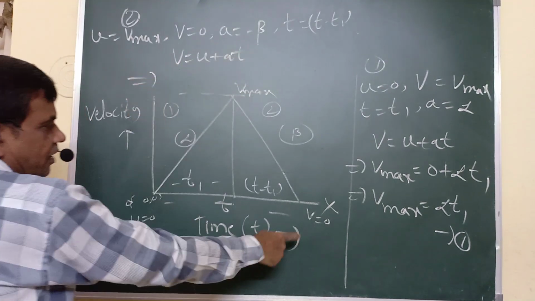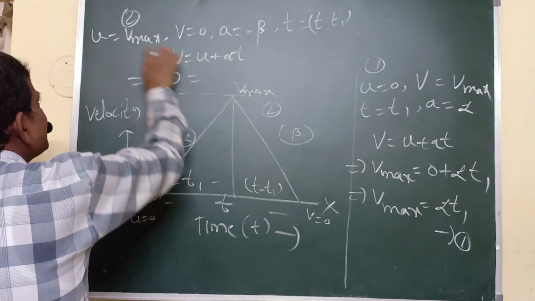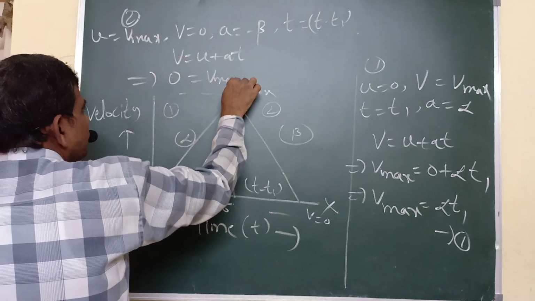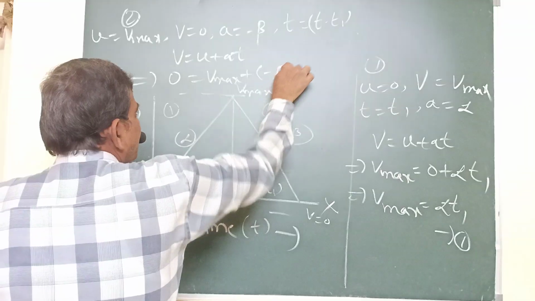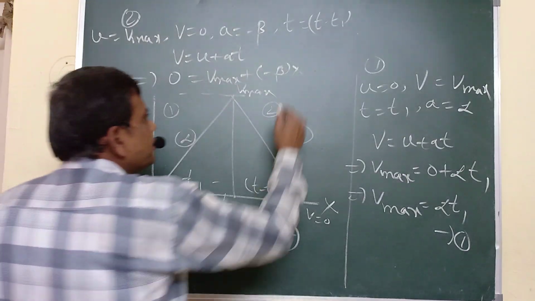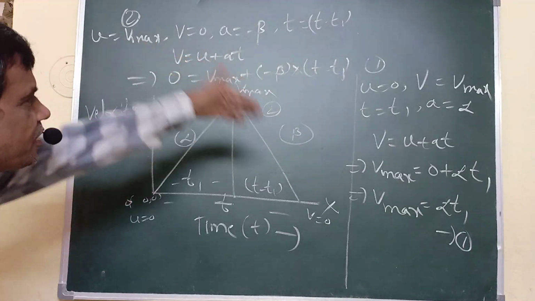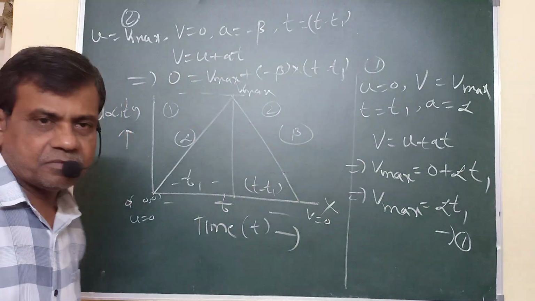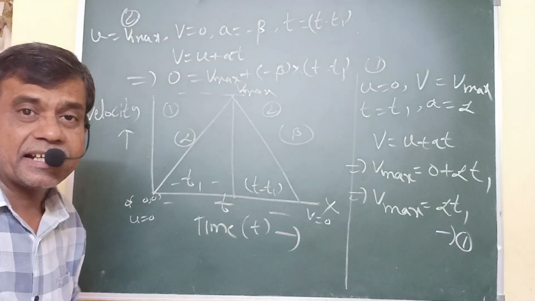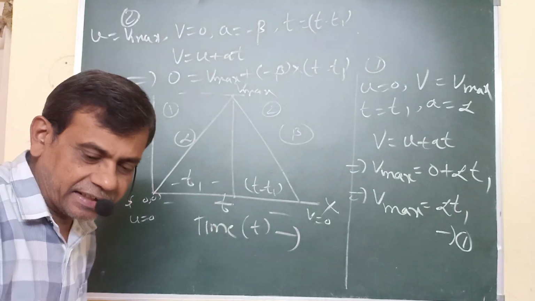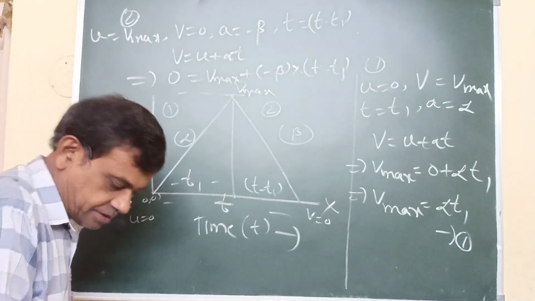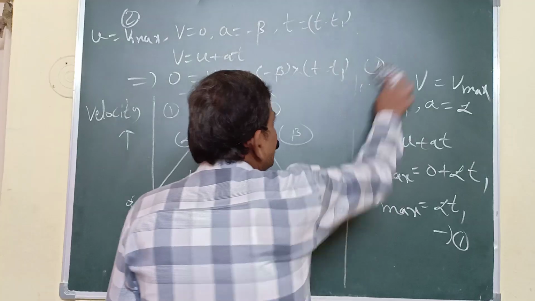The final velocity v is 0, the initial velocity is V maximum, plus the a value is minus beta, into the time t minus t1. From this also I am finding V maximum. In both cases V maximum is the same. By comparing these two equations I get the final value. Now let us see what happens here.